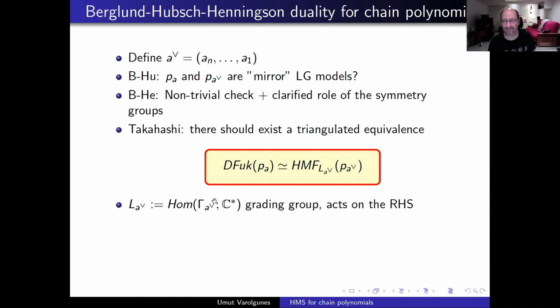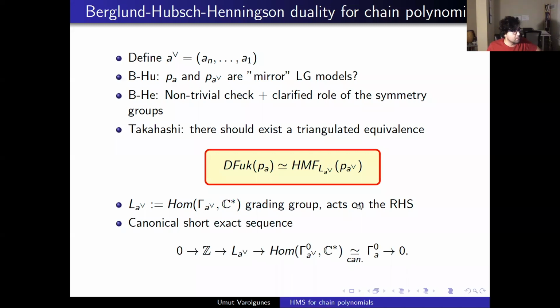So this is the symmetry group, up to scaling, of the mirror of the transposed or inverted tuple. It's dual, it's the Pontryagin dual, so the characters on that group act on the right-hand side automatically, just by changing the gradings of the objects that are involved. And this group, this L hat, sits in a short exact sequence.